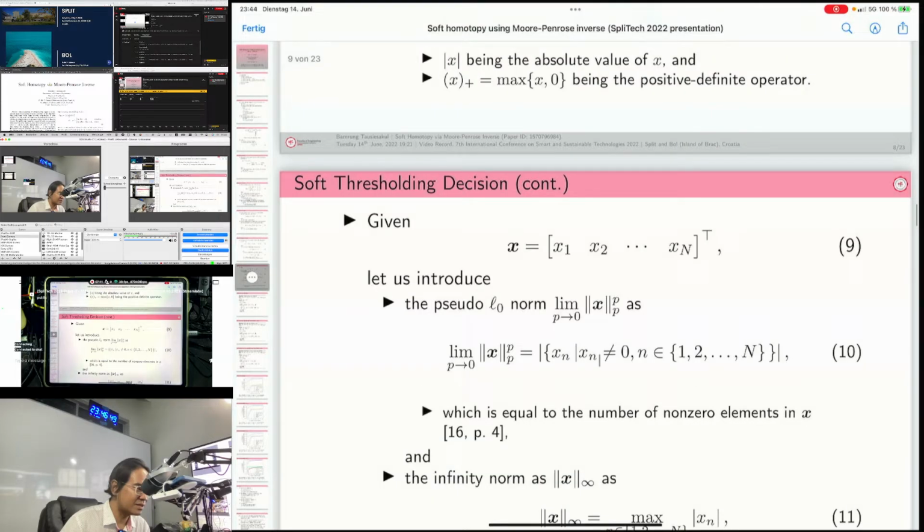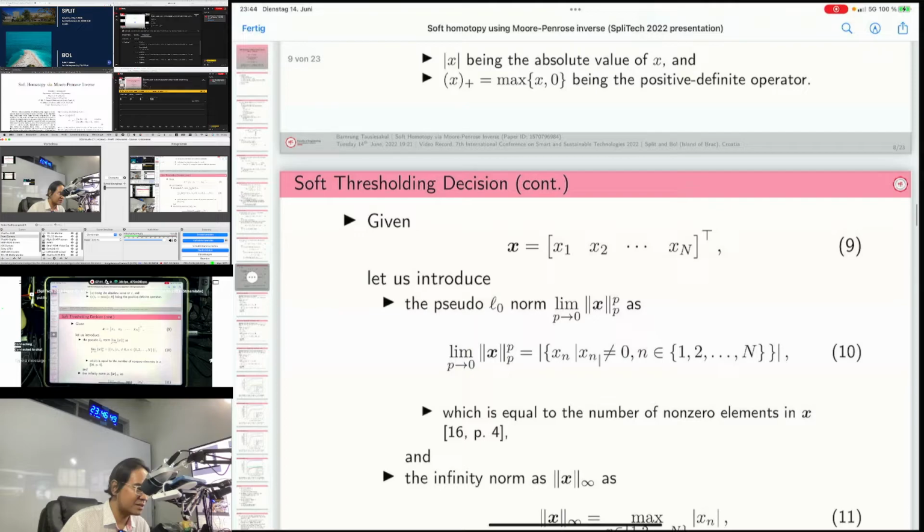The pseudo L0 norm needs to be introduced because it is used to count the number of non-zero elements in the vector x. The infinity norm is the maximum value of the absolute value of the elements in x.